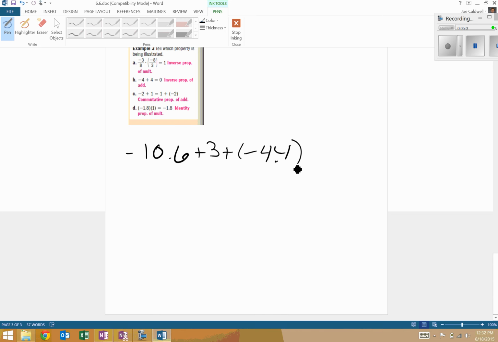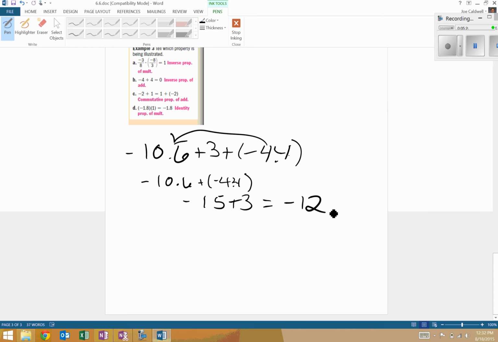We could move these guys next to each other so that we have a little bit easier time. So -10.6 plus -4.4 would give us -15, and that's a little easier to work with. So you don't have to add 2 decimals at once. So that would give you -12.